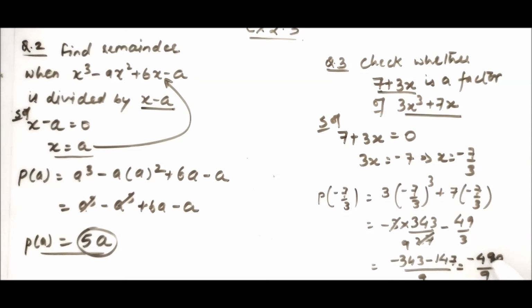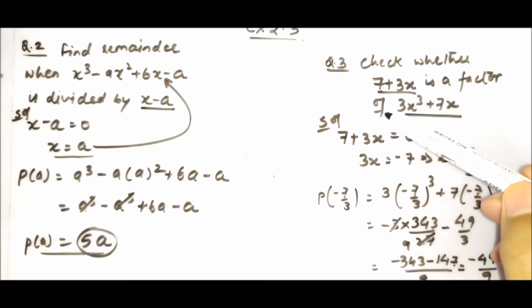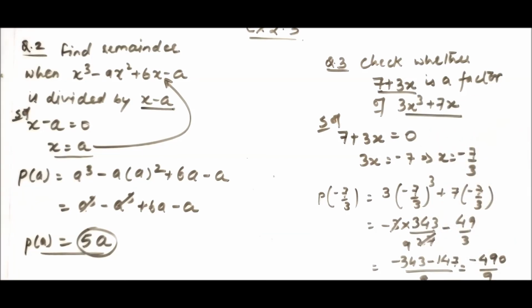Since we are not getting the remainder as 0, since p of minus 7 by 3 is not equal to 0, we can say that 7 plus 3x is not a factor of 3x cube plus 7x. These two are the applications of the remainder theorem. I hope you understood the concept of the remainder theorem and the questions related to it. Thank you.